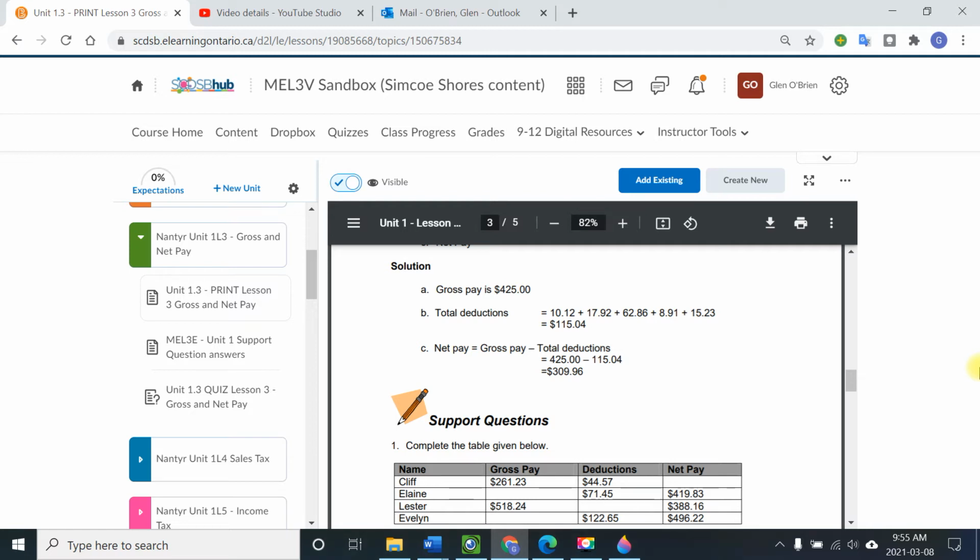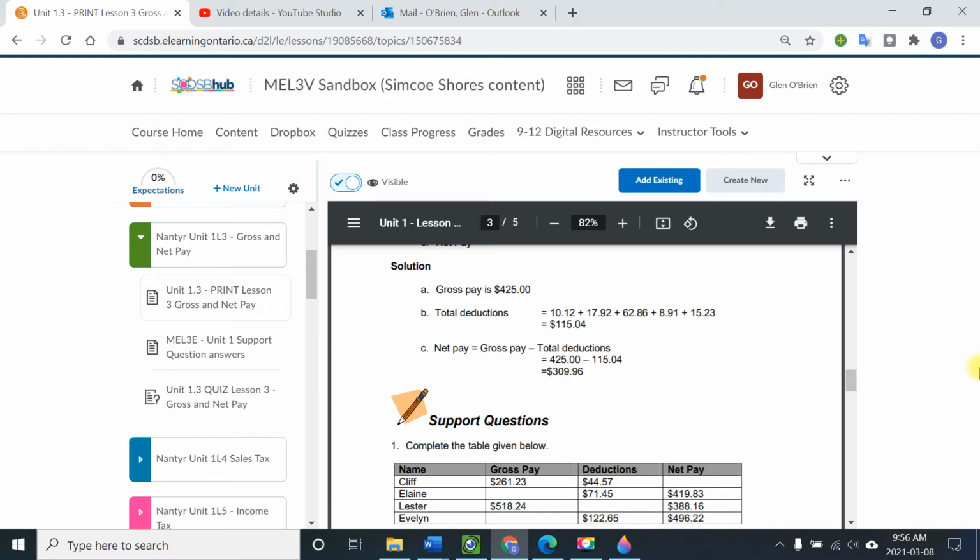Elaine has, we have to find gross. The deductions are $71.45, and the net is $419.83. Question mark. And then we have Lester. Lester had a gross of $518, and we have to figure out the deductions, and has a net of $388.16.